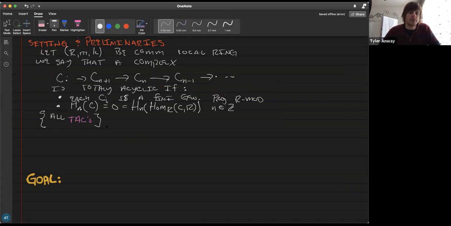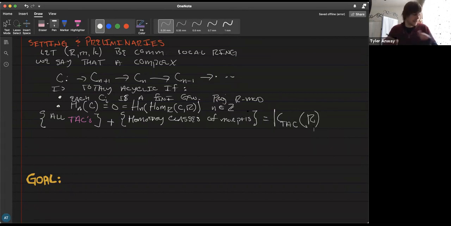So if you take all totally acyclic complexes together with the homotopy classes of morphisms, what you get is the category Ktac R. This is a really nice category. It's triangulated. It's a thick subcategory of the homotopy category. Lots of nice properties to it.